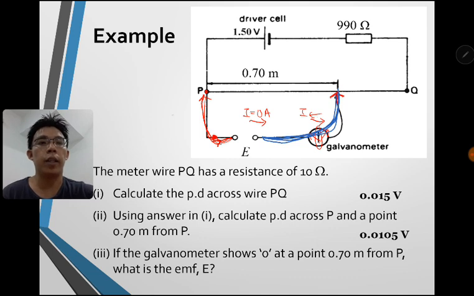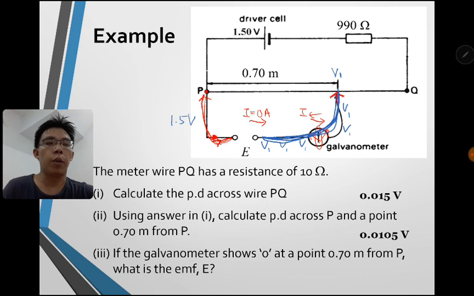Let's say here is 1.5 volt, and here is V1, slightly less than 1.5. So all along this wire there's no potential drop, it's all V1. When you have no potential drop, the current will not flow. On the other side also there's no potential drop, so current will not flow.